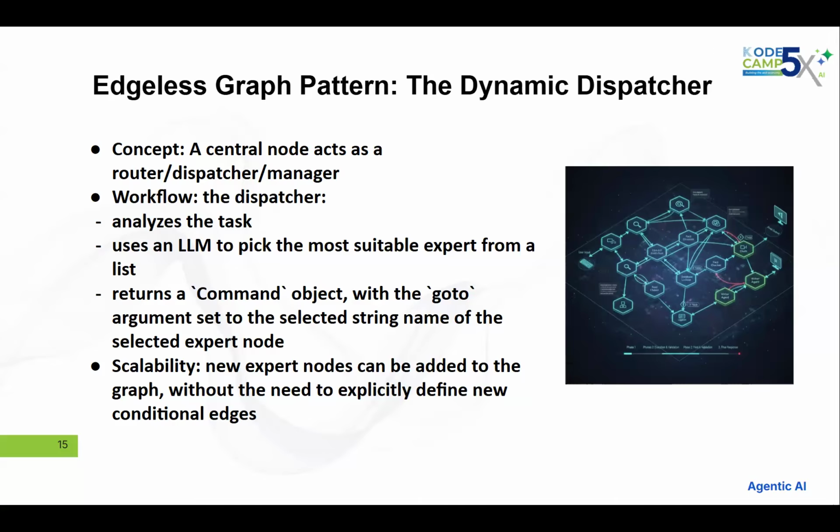It's quite scalable in that new expert nodes can be added to the graph, because it's using an edgeless graph. Just like I mentioned, in edgeless graphs it's not really dynamic in the sense of a runtime, but it's easier and more seamless to add new nodes to the graph.